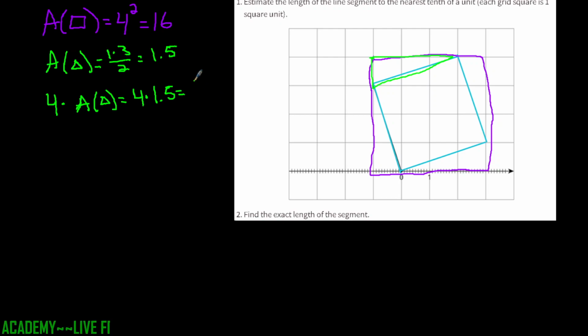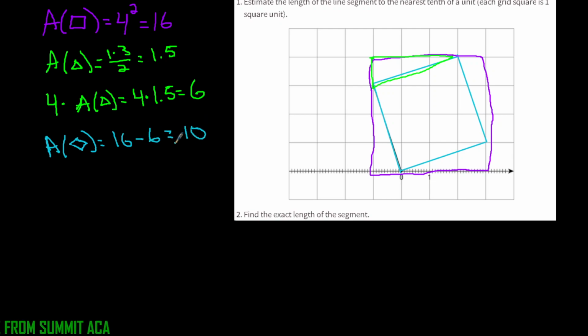Yeah, equal to 6. So now I find my tilted square. The area of the tilted square, the diamond shape, is equal to 16 minus 6, which is 10.